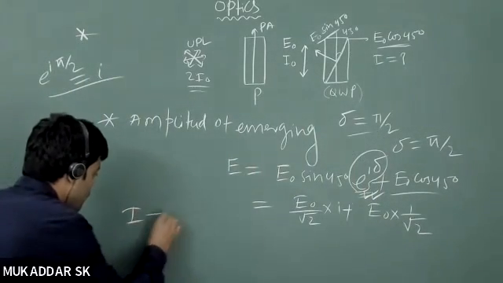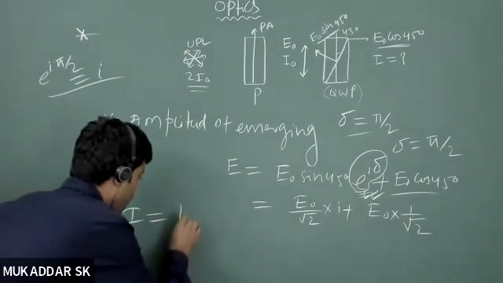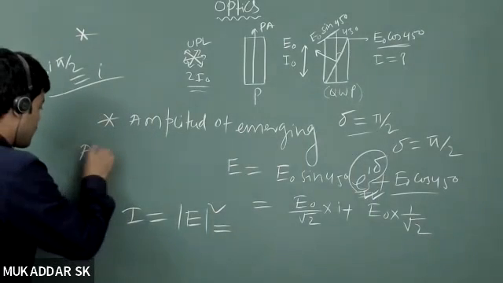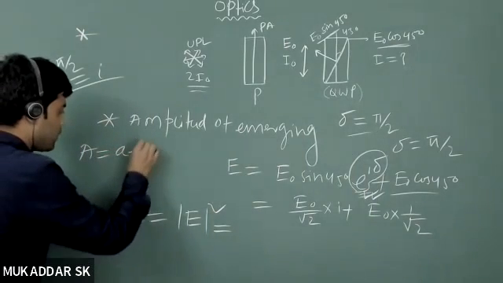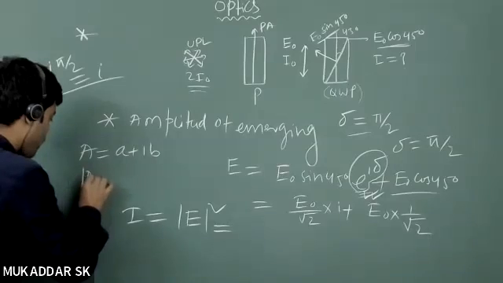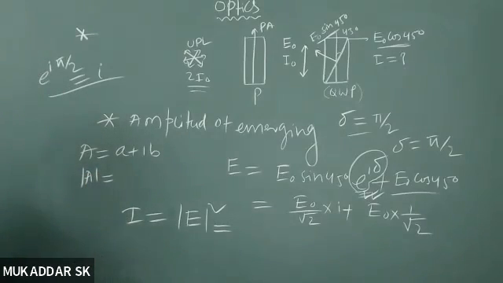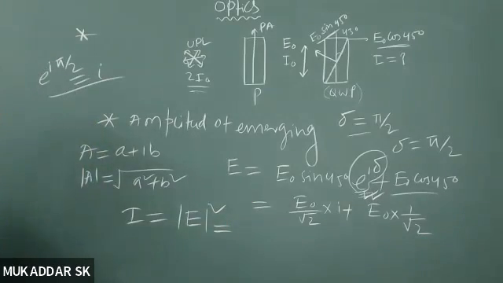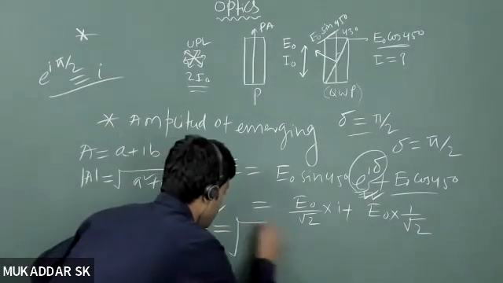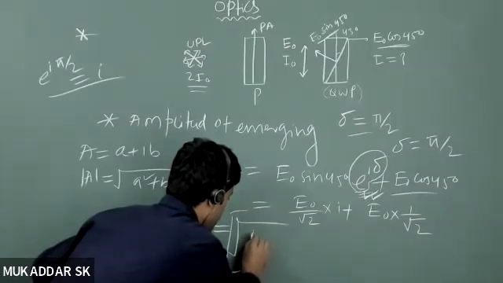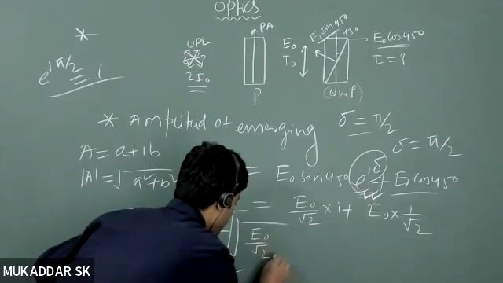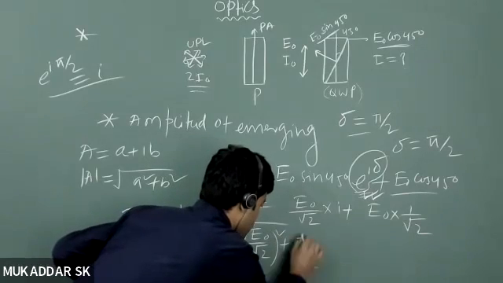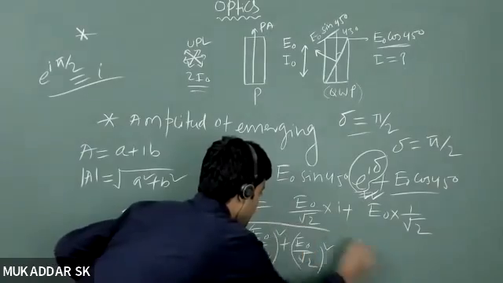Now we know that intensity is nothing but mod amplitude squared. Suppose you have a vector a equals a plus i b. Then what is mod a basically? If I apply this formula, I'll get (E naught by √2) squared plus (E naught by √2) squared, inside that square root.